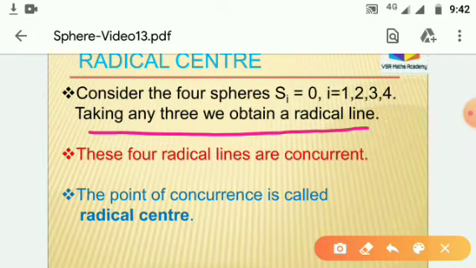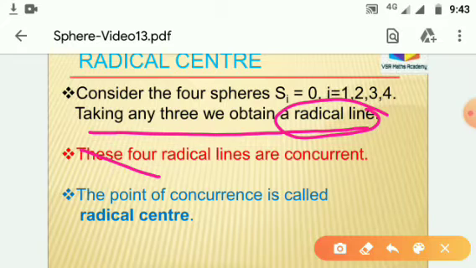If you take S1, S3, S4, you will have another radical line. So by taking three each time from these four spheres, we will get four radical lines. All the four radical lines are concurrent at a point.